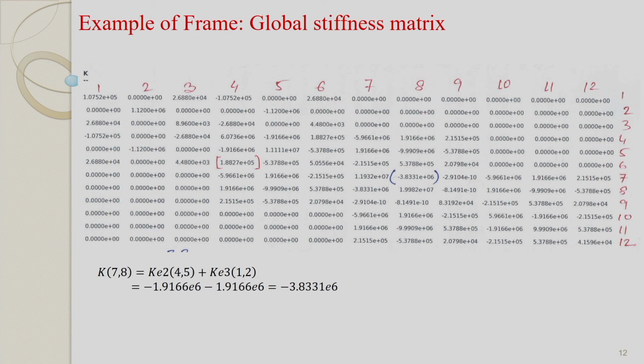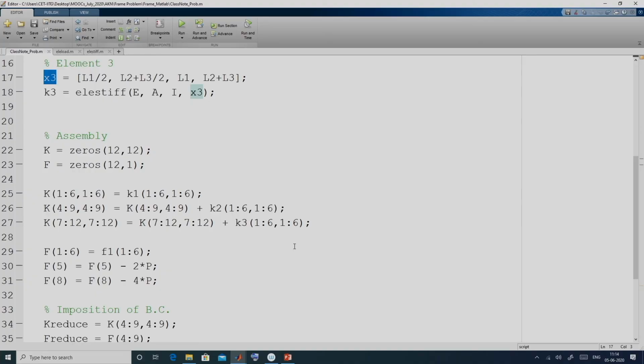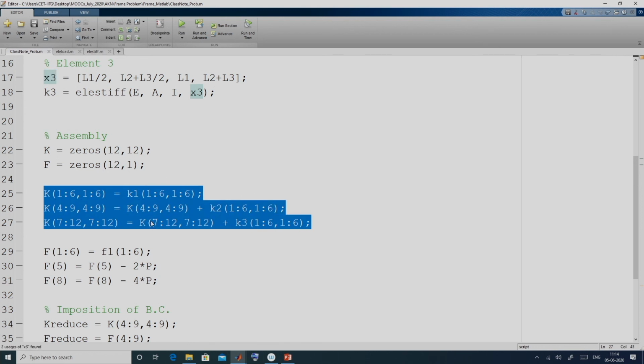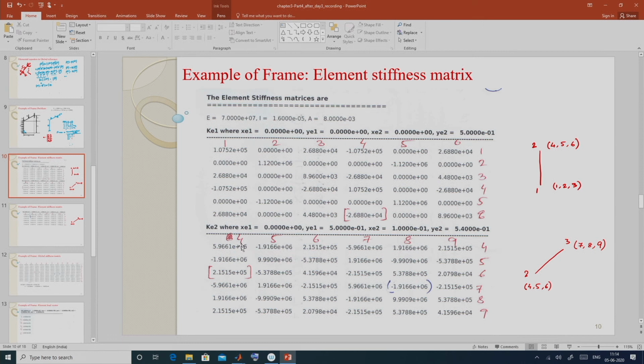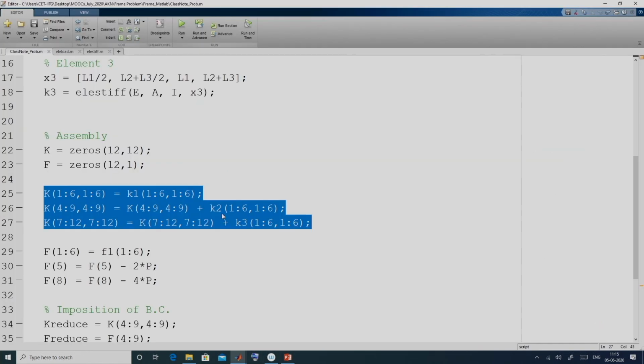Now if we see the MATLAB program, you can see the assembly of stiffness matrix is done in these steps, where this 4 to 9 are the global address for K2, that is second element stiffness matrix 4 to 9, and we add this K2 in these global locations.